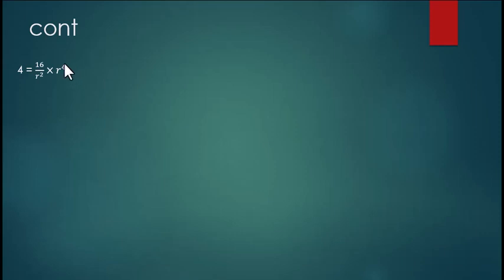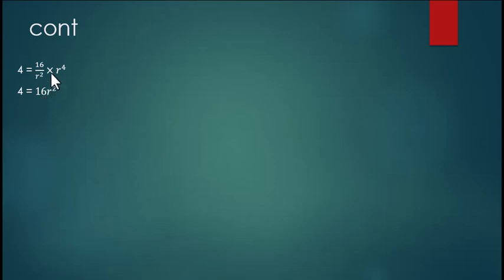So when we multiply r squared by r to the power 4, this is going to cancel and we're going to remain with r squared only, over 16r squared.